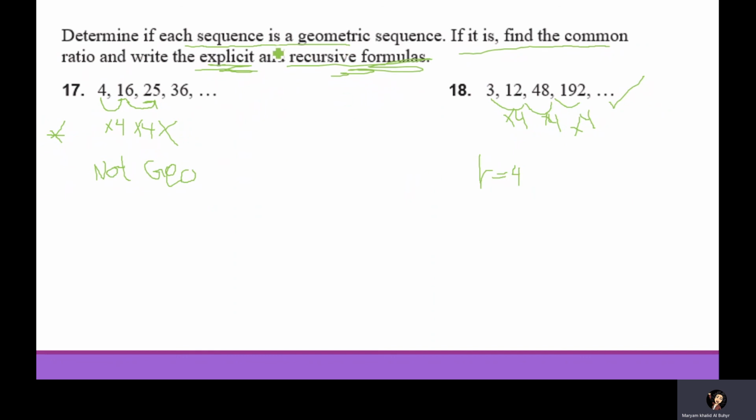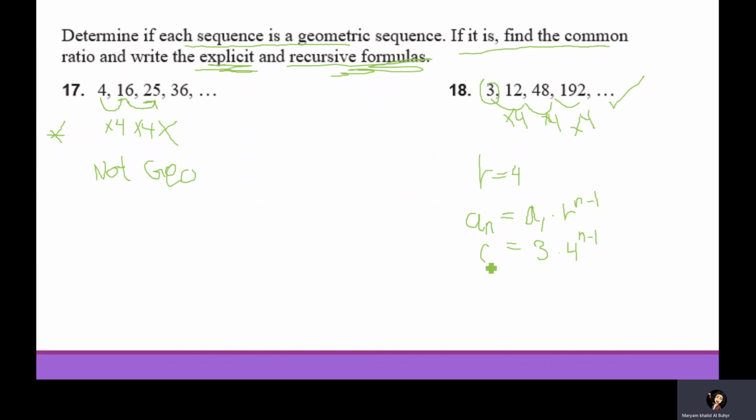I will write my explicit formula. Your explicit formula, you should memorize it: AN equals the first term, A1, this is the general form, times R to the power n minus 1. So what is A1? A1 is 3, and R is 4, so 3 times 4 to the power n minus 1.